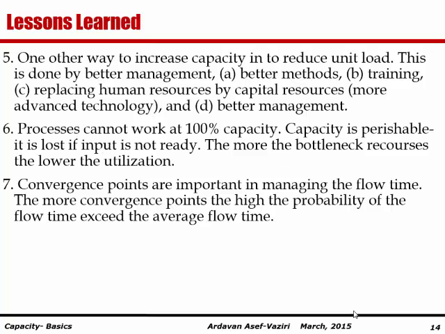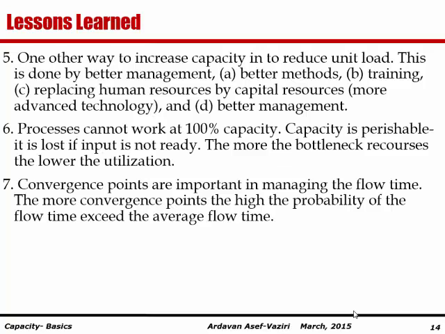One other way to increase capacity is to reduce unit load. This is done by better management, better methods, training, replacing human resources by capital resources, more advanced technology, and so on.